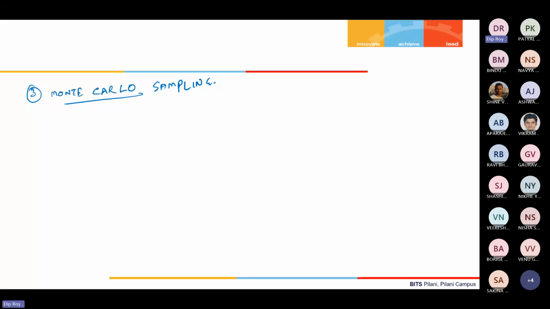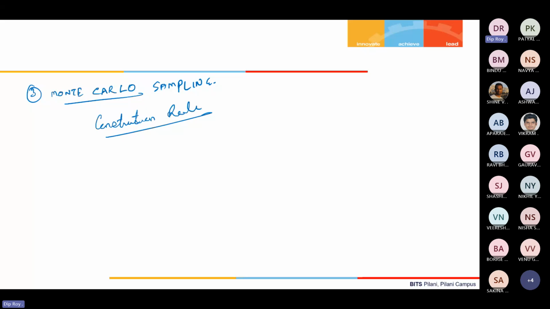So what does Monte Carlo sampling do? Monte Carlo sampling is basically the construction rule. What is meant by that? You had a Markov chain, which is just moving around in the space. The ultimate goal was to reach a stationary distribution.